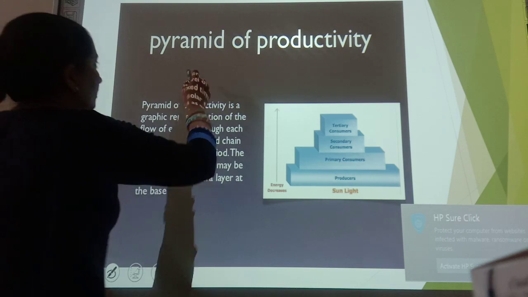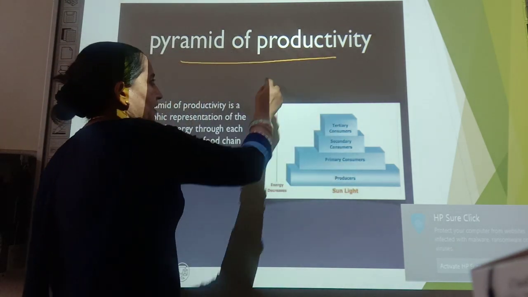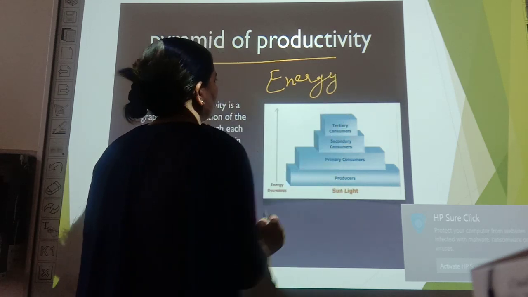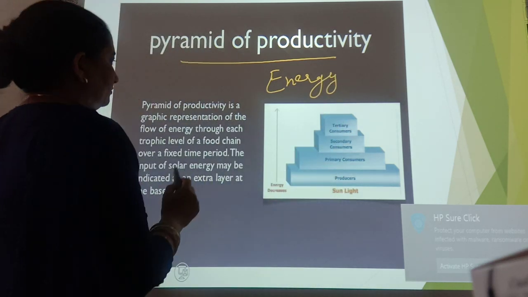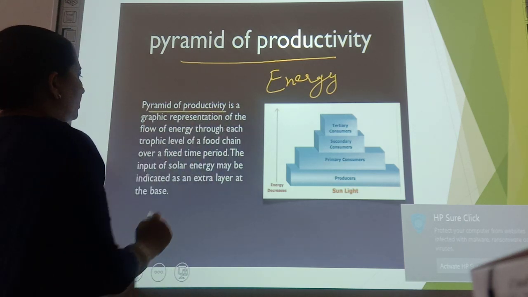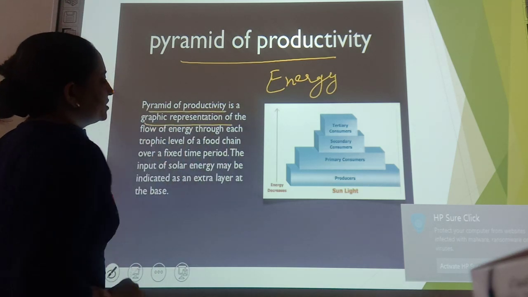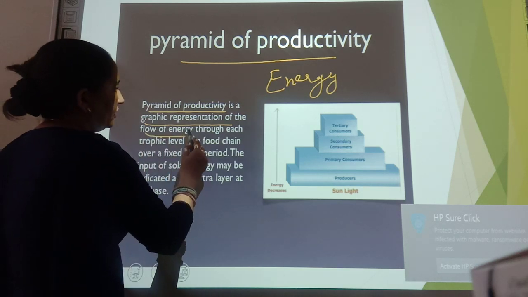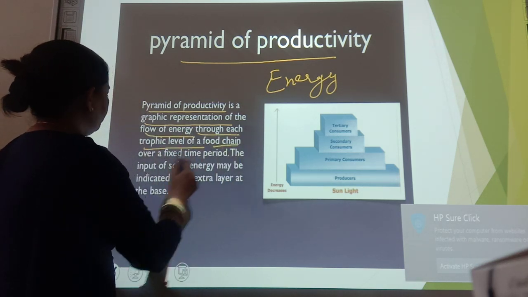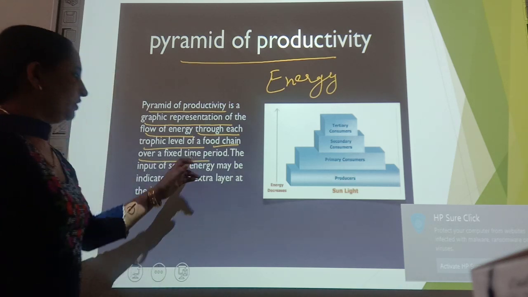In case of productivity, or you can say in case of energy, the pyramid of productivity is a graphical representation of the flow of energy through each trophic level of a food chain over a fixed time period.